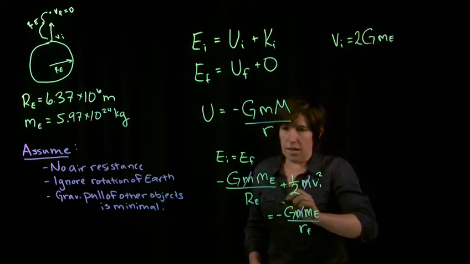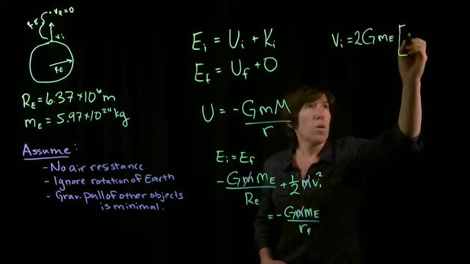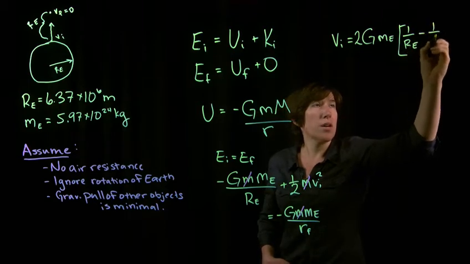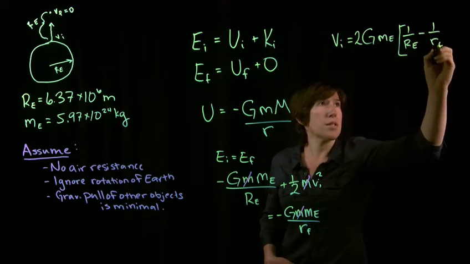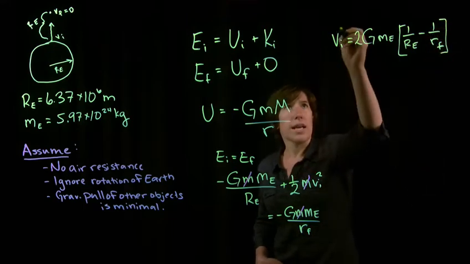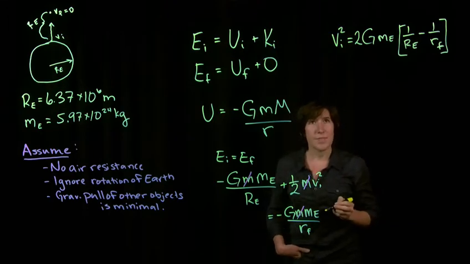And then we'll have 1 over the radius of the Earth minus 1 over whatever their final position is. And we could square root both sides.